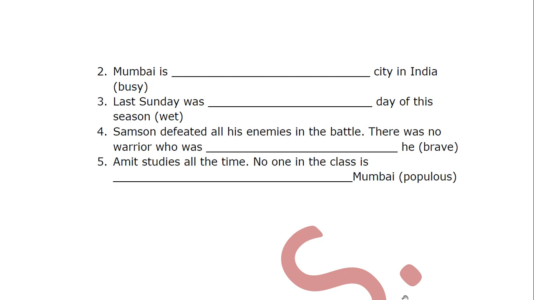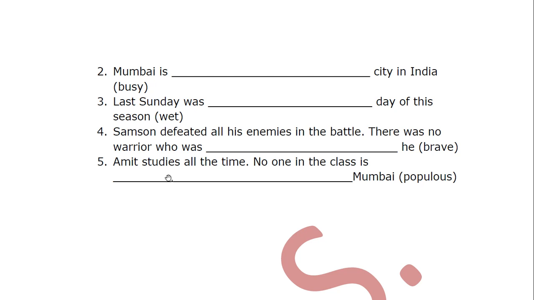Okay. Then next one. Samson defeated all his enemies in the battle. There was no warrior who was, here you can say as strong as or stronger than. You can use both.